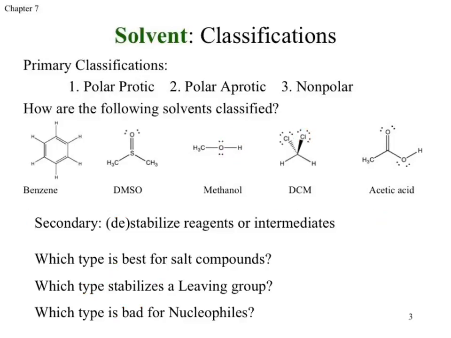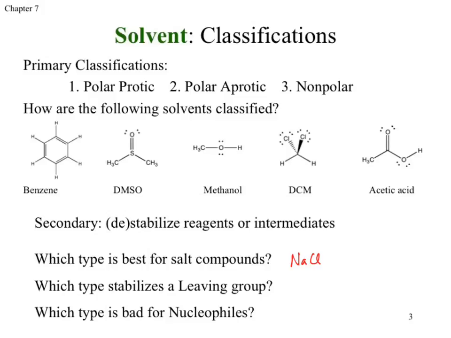So the next part is looking at that secondary effect. What can it do to stabilize or destabilize reagents and intermediates? We already kind of talked about this. What if we have a salt compound? What solvent would we want to use? For instance, we dropped in sodium chloride. To get that salt to interact with everything else, what solvent should I use?